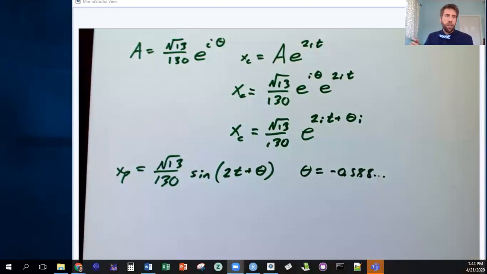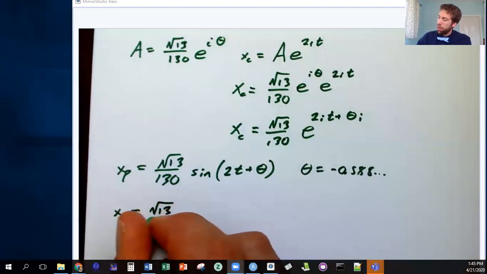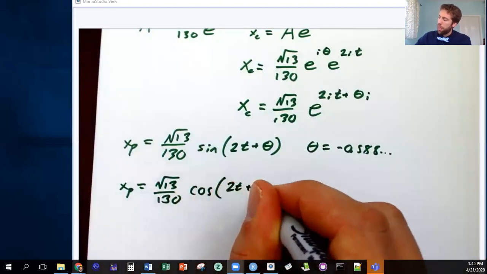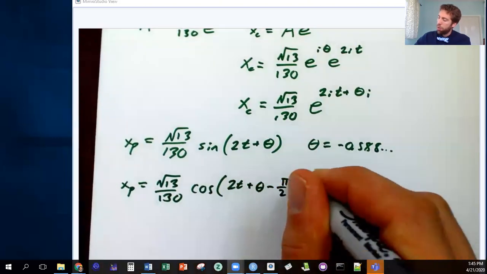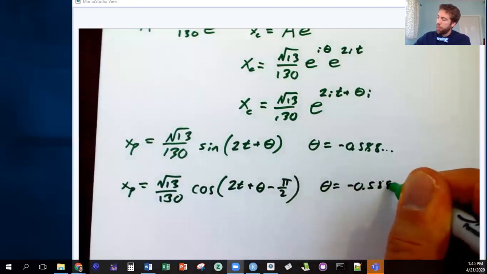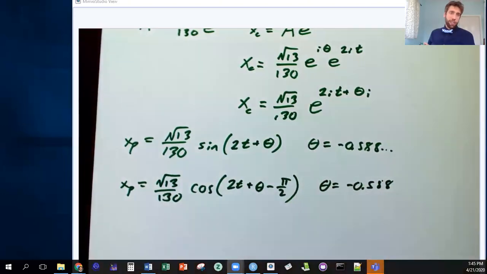Okay? And then, for some reason, the book likes cosine better. So you can change this to be xp equals square root of 13 over 130 times cosine of 2t plus theta minus pi over 2, where theta equals negative 0.588. I'm too lazy to write the negative 0.588 there. But now I suppose I will bring out the handy dandy calculator.